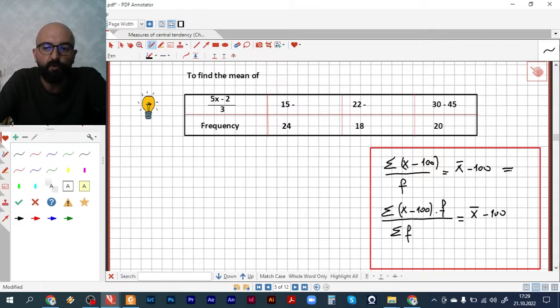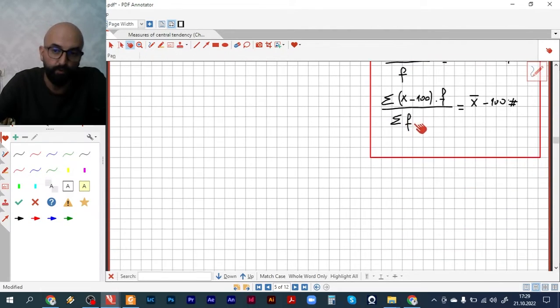This formula is for ungrouped data, but this formula is for grouped data.